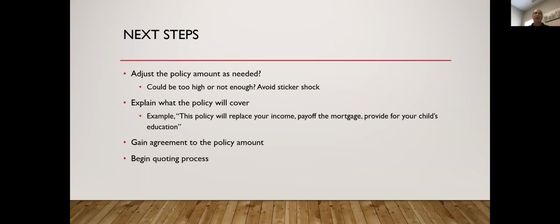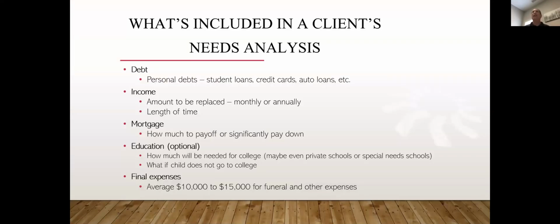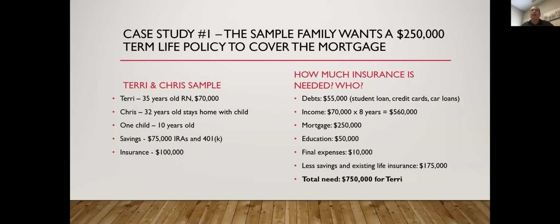Gain agreement to the policy amount. If in the first example, let me go back to the first example, $750,000 could be a little bit more than the customer could afford once we do the premium. So maybe we take that down a little bit. Maybe it's not 8 years, we do 5 years worth of income. Or if we want to pay down the mortgage versus pay it off.